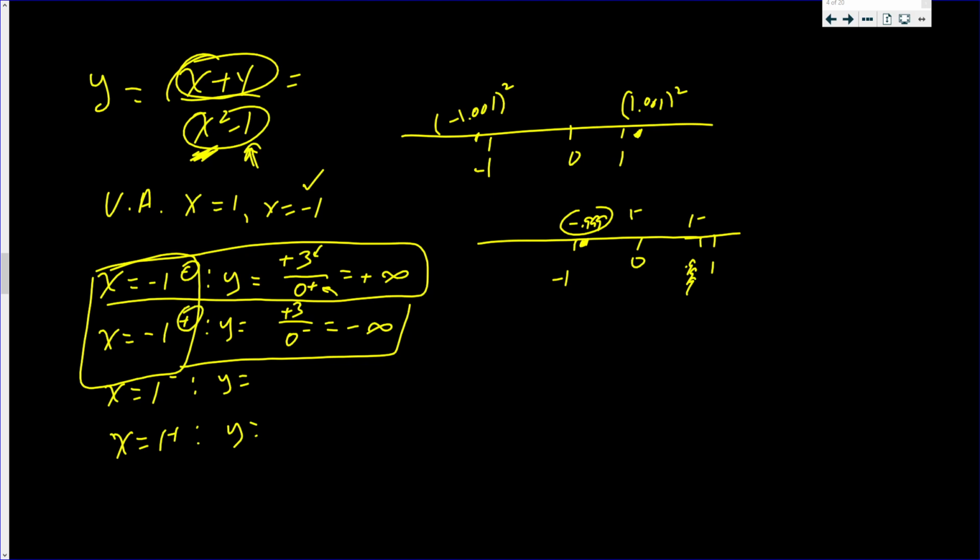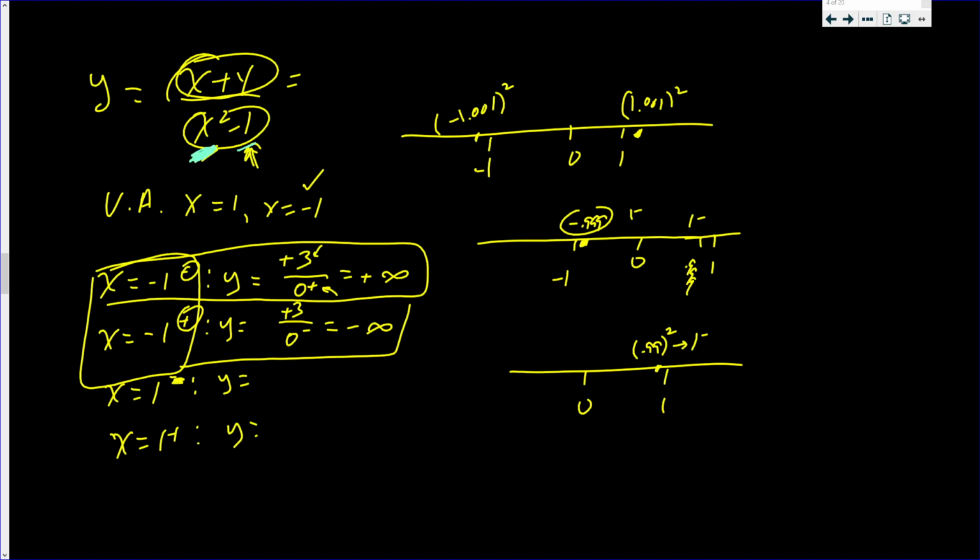Now let's talk about what happens at 1. If you're a little bit less than 1, like 0.999, and you get squared, you're going to be a little bit less than 1. That is, the bottom is going to be a little bit less than 1.